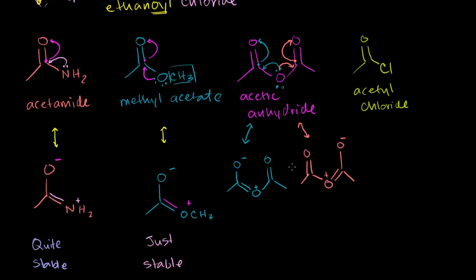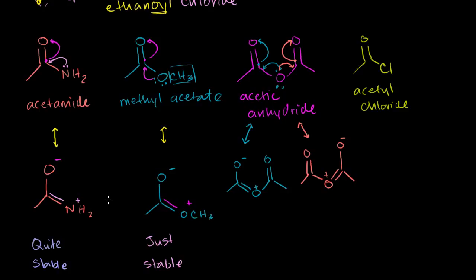So you might say, hey, more resonance structures, more stability. But the key here is to realize that both resonance structures are dependent on the same oxygen. They essentially have to share this oxygen's electrons. So each one of these individually is less likely to occur than just what occurs with the ether. You could kind of view it as that both of these bonds have to share what in the ether, this one gets on its own.